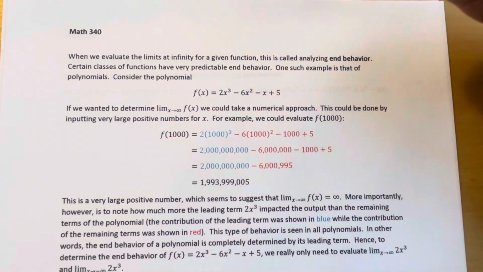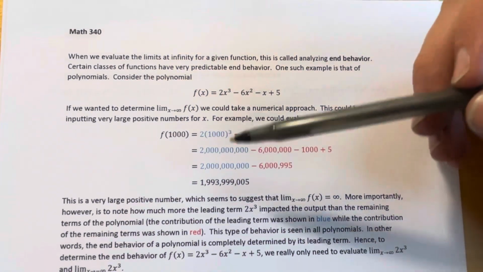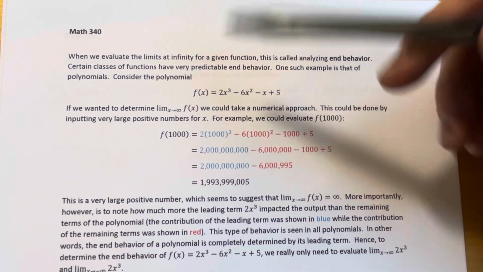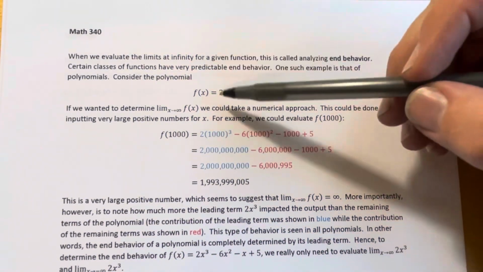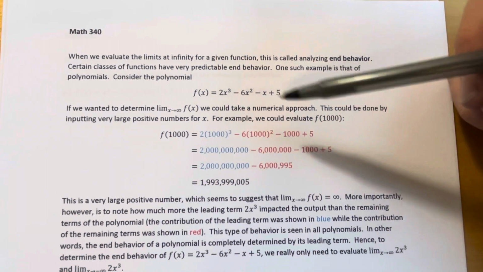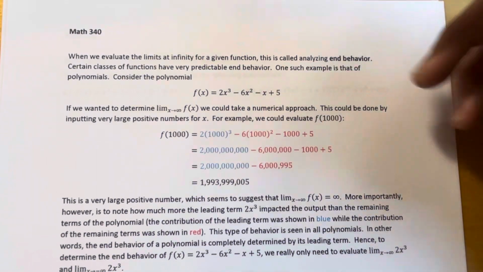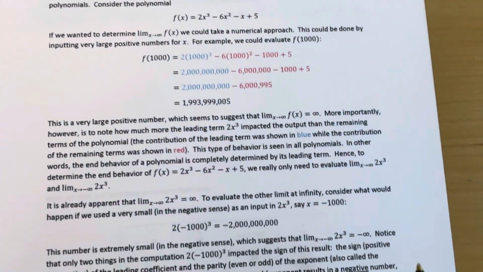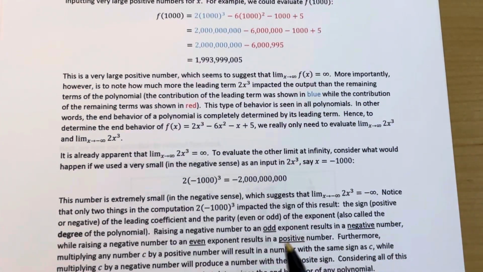And so what we're getting out of this is the fact that the end behavior of a polynomial is completely determined by the end behavior of just the first term. Because in the long term, the remaining terms become essentially negligible. So that's really useful because that limits how much we have to pay attention to.